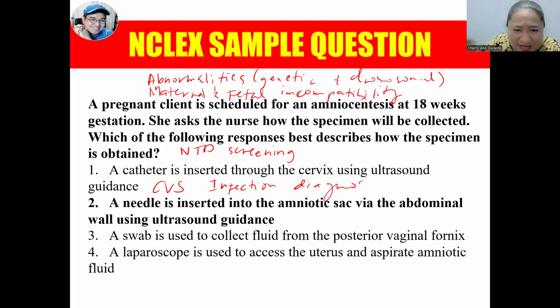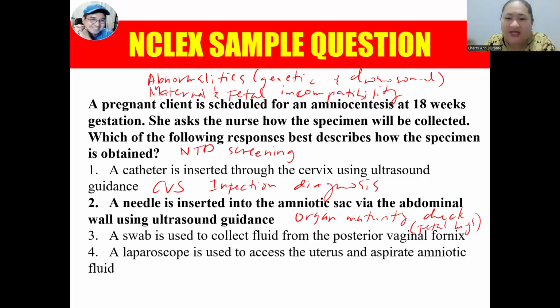Sorry if my table is moving when I write, so the screen is also moving. And lastly is organ maturity check, especially fetal lung maturity. These are the purposes of your amniocentesis. So you have the mnemonic AMNIO.